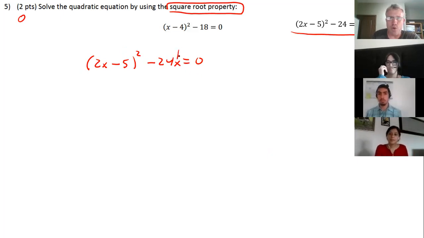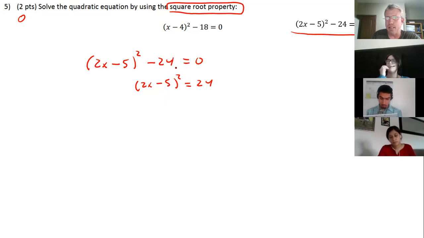So if x showed up any place outside of the squaring, I couldn't ask you to use the square root property. So here what you're needing to recognize is, hey, if I add 24 to both sides, the thing that I want will be sitting isolated being squared, which means I can dig it out by taking the square root of both sides. And I need a plus or minus.